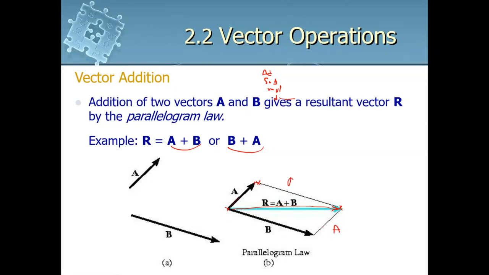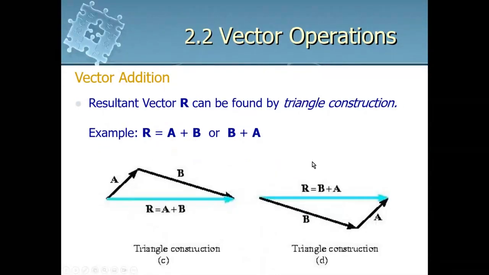So a plus b is equal to b plus a. The conclusion is that when you are adding vectors, you can change the order of the summation. Sometimes this is more convenient. That is an example showing that a plus b and b plus a are all the same. But that is one method of finding the summation.